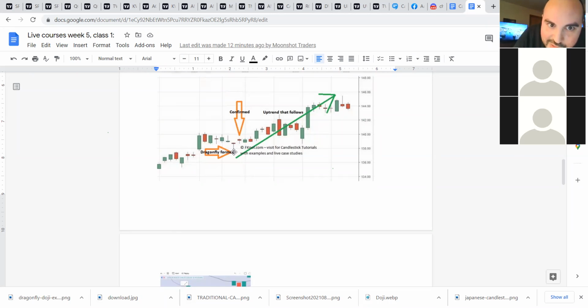That still tells you, hey, the bulls are winning this battle. And then I talk about confirmation candles all the time, and this is what I'm talking about. It's kind of like a story that you put everything together with. So great, you got your Dragonfly doji.